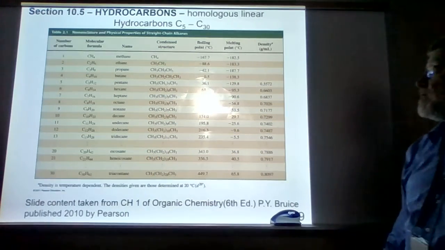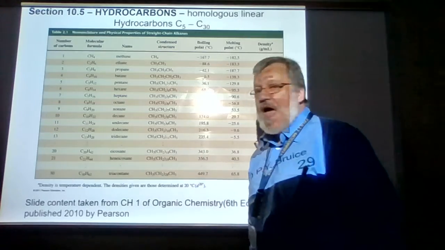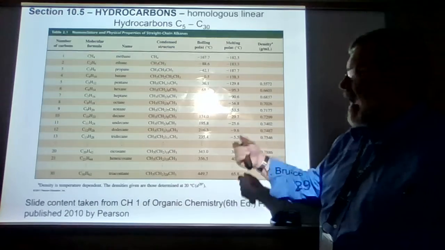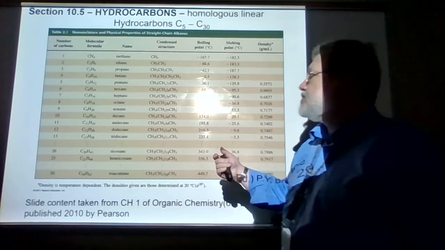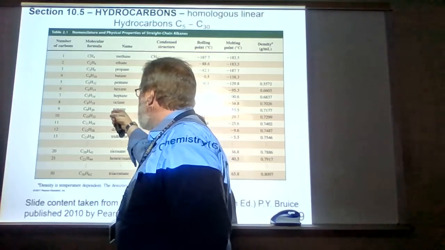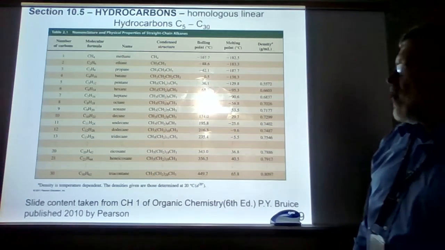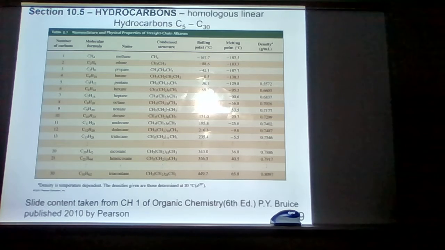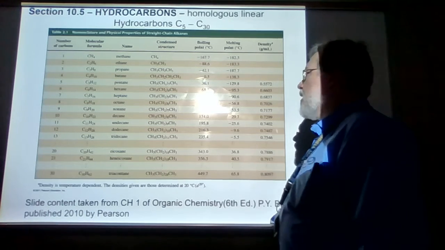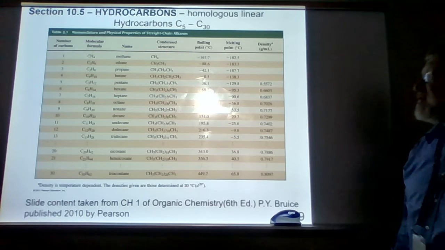Heptane, 7 carbons, hept, H-E-P-T, a heptagon. 8, octane, oct, the octagon. 9, nonane, non, C9. So nonane is a hydrocarbon that has 9 carbons, each having the maximum number of hydrogens attached to them. 10 is decane.